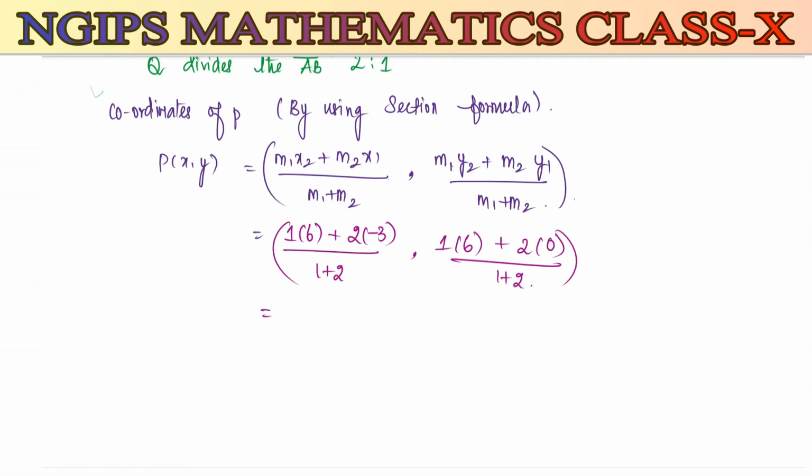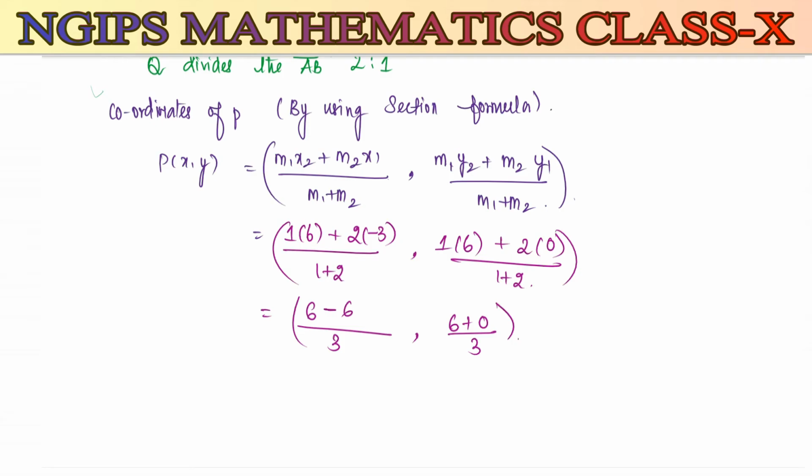If you simplify, 1 into 6 is 6, plus 2 into -3 is -6, divided by 1 plus 2 which is 3, comma 1 into 6 is 6, plus 2 into 0 is 0, divided by 1 plus 2 which is 3.